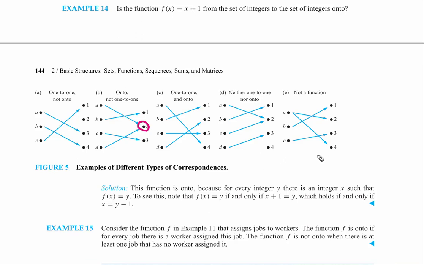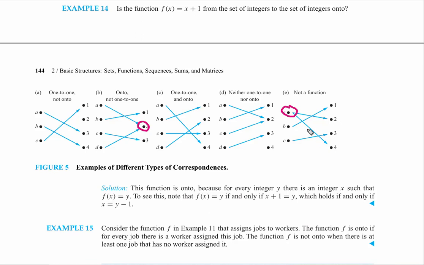And how about E? So this is not a function. So what's the problem? Well, every element in the domain gets sent somewhere, but the problem is here. A is not sent to a unique place. It's sent to 2 different places.